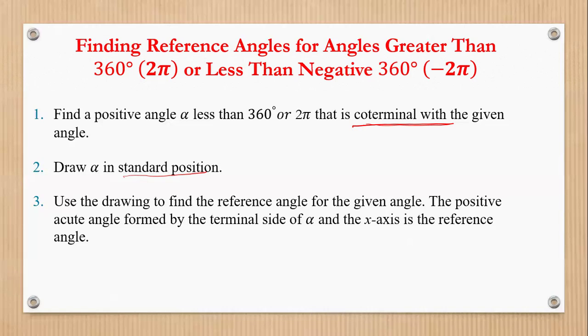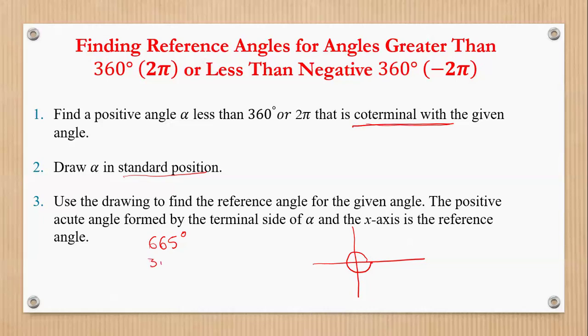For example, if I have a 665 degree angle, let me show you where it is. You know that one rotation is just 360.